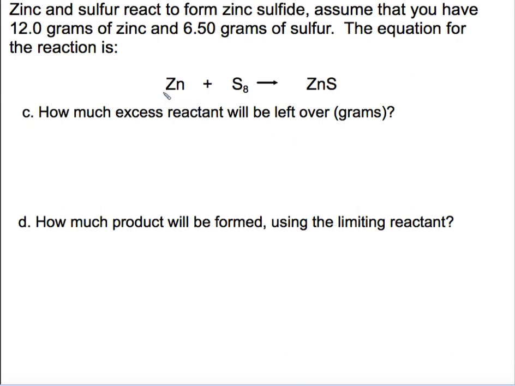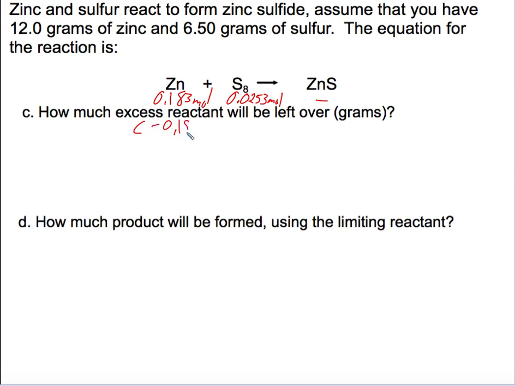So we know that we started with 0.183 moles of zinc and 0.0253 moles of sulfur. I didn't have anything here. My change, because I used up all the zinc, it's the limiting reactant.